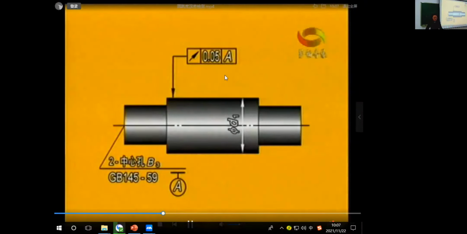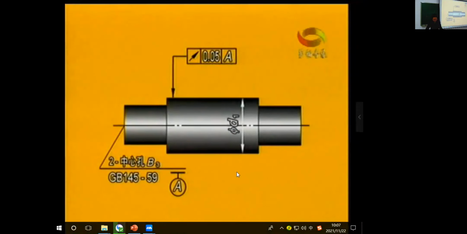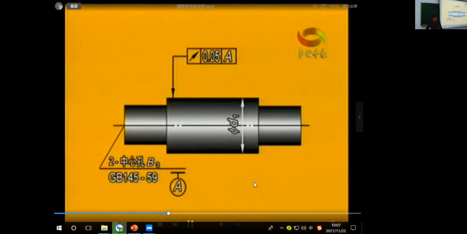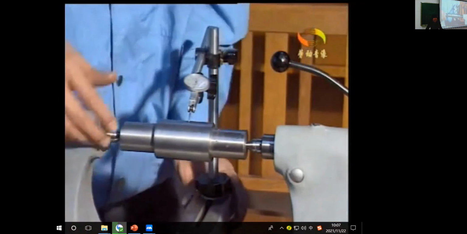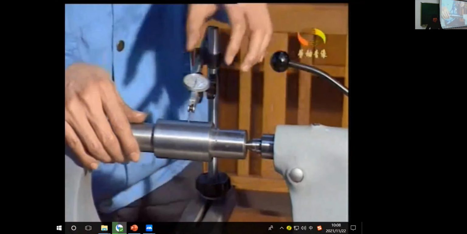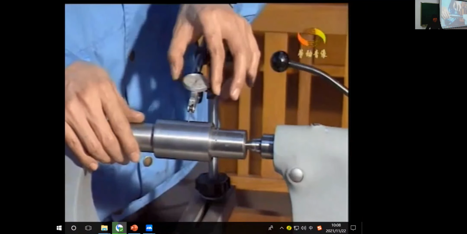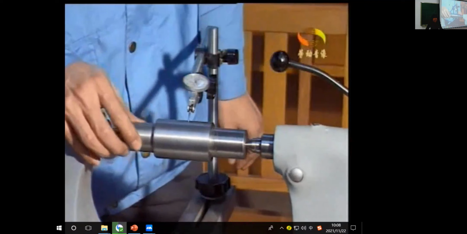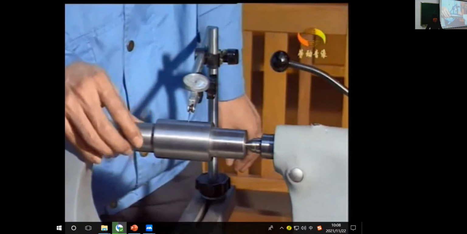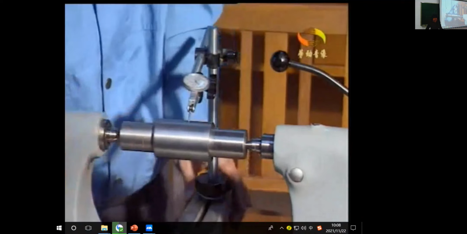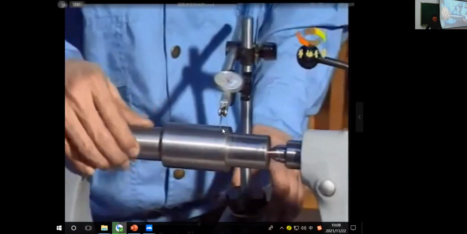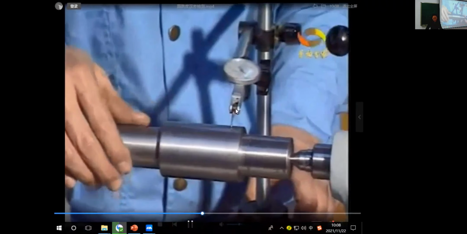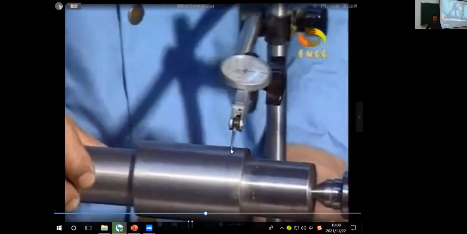You need to record the value. And you need to measure the different points. This is the still point.